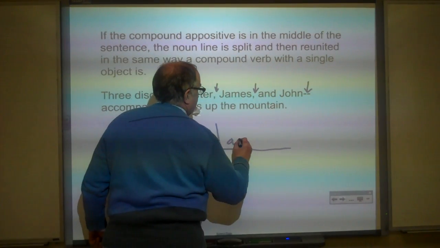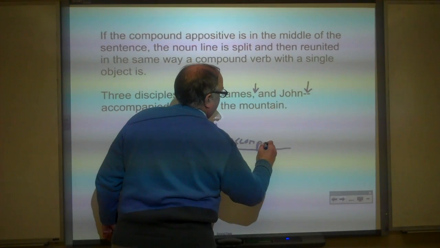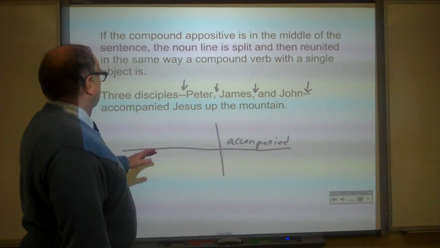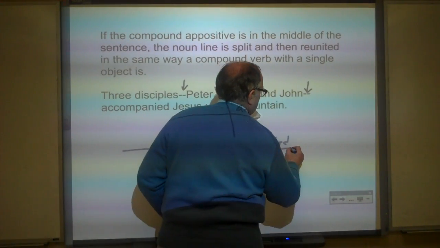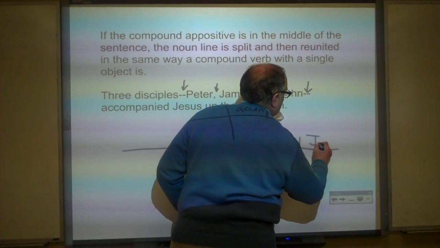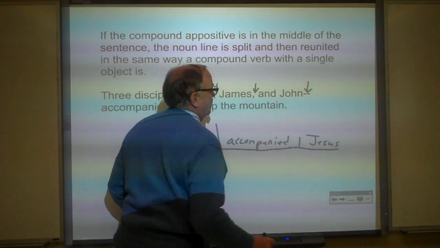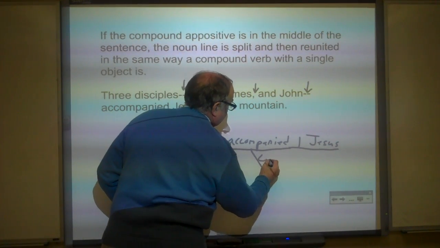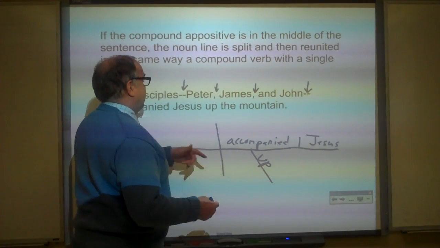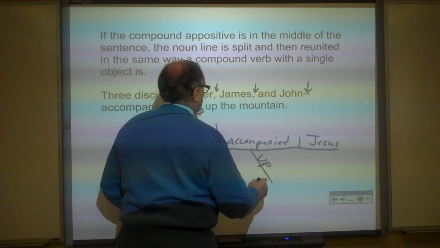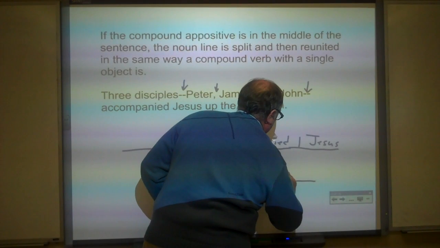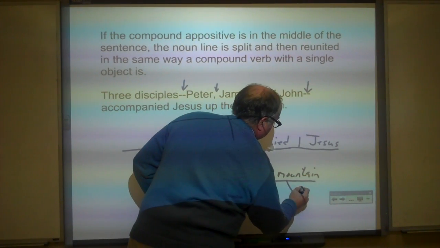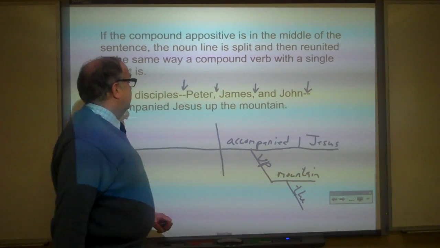Okay, accompanied is the verb. Accompanied whom or what? Accompanied Jesus, so Jesus is the direct object. Where did they go? Up the mountain. It modifies the verb. It's not Jesus is up the mountain, they accompanied him up the mountain. So mountain is the object of up, and the modifies mountain.